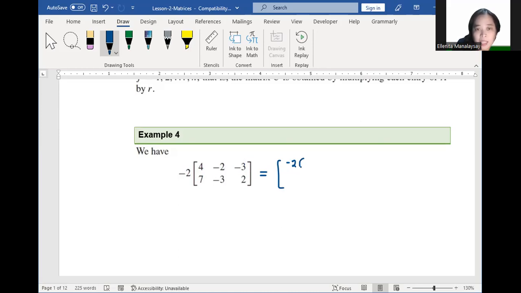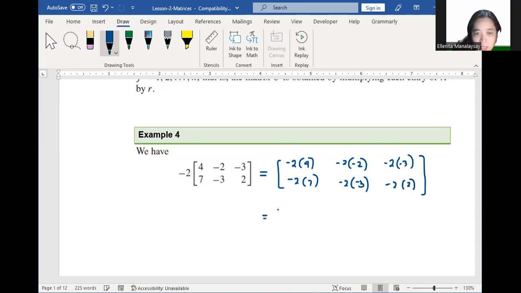That is negative 2 times 4. We have negative 2 times negative 2. Then negative 2 times negative 3. Then negative 2 times 7. Then here, second row, second column, negative 2 times negative 3. This one is 2. And then we have negative 2 times 2.